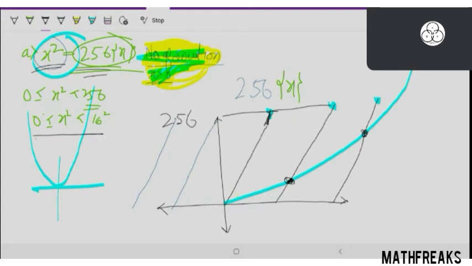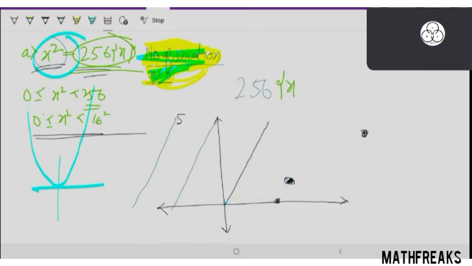And the upper limit is 16. There is an interesting thing that the graph will be cut on this line also. But when exactly will such a point come when the graph will be discontinuous?